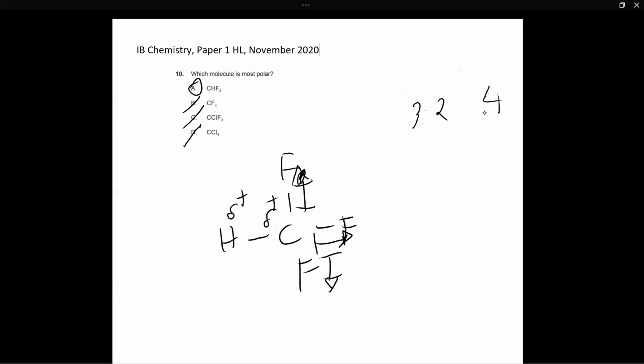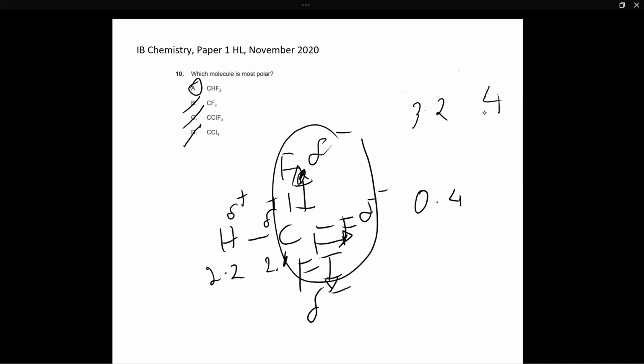Hydrogen has an electronegativity of 2.2, and carbon has an electronegativity of 2.6. Sorry, there's a 0.4 difference. It's very little, right? So that's why these fluorines are then able to pull the electrons towards themselves, and the dipole moments don't cancel out because there's a strong tug over here.